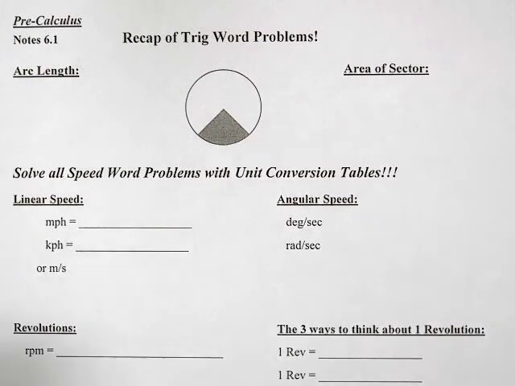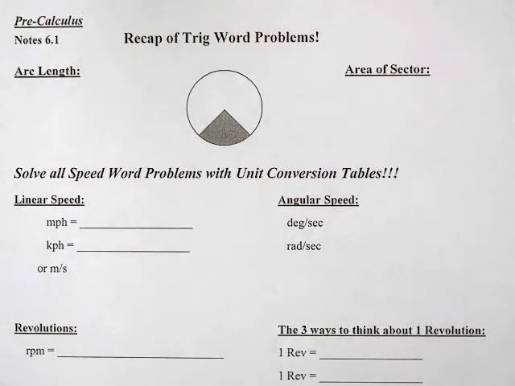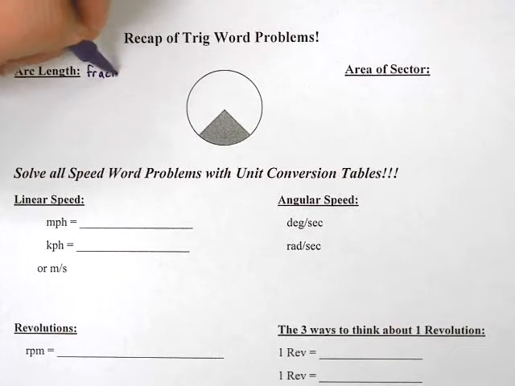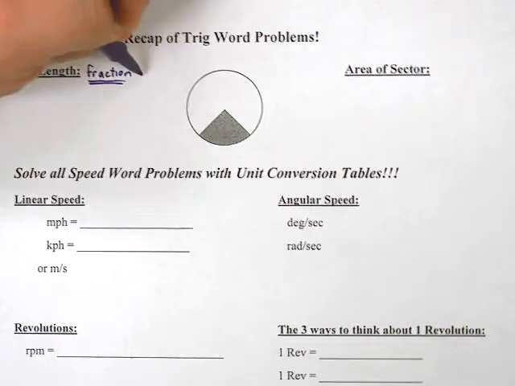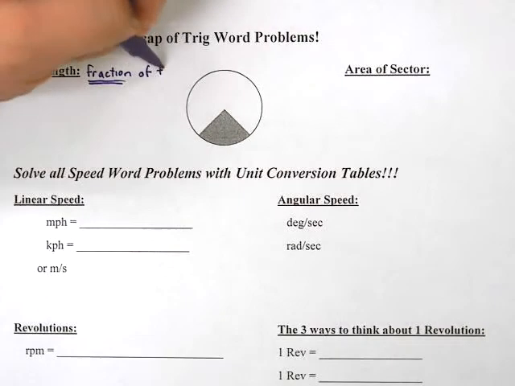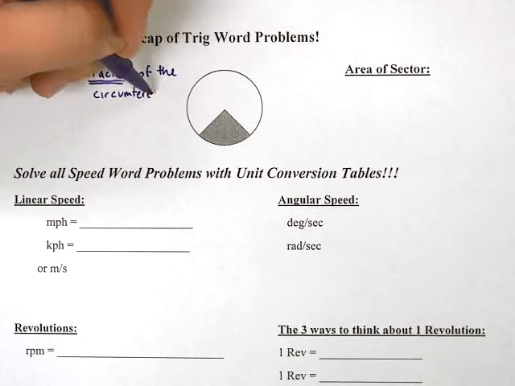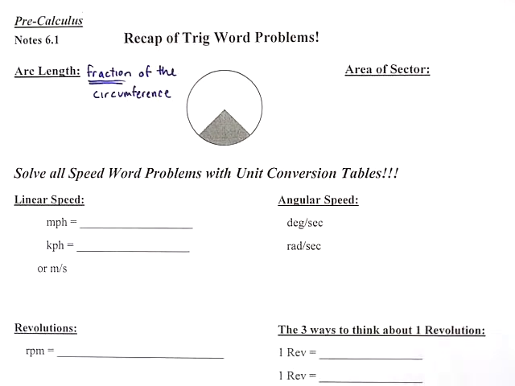Okay, so in 6.1, a lot of what we talked about was arc length and area of a sector. We remember arc length is, of course, a fraction of the circumference. Alright, and there's a lot of different ways to write that.